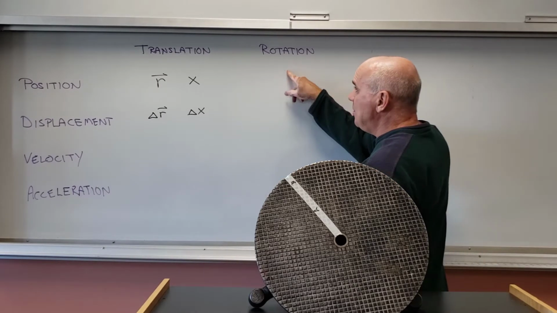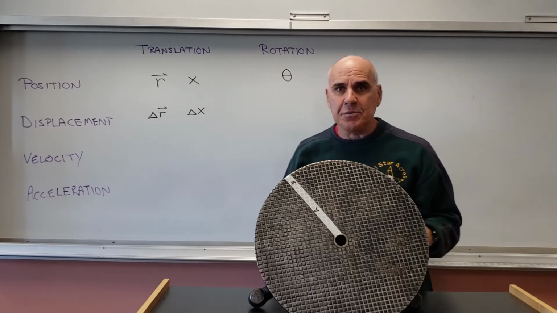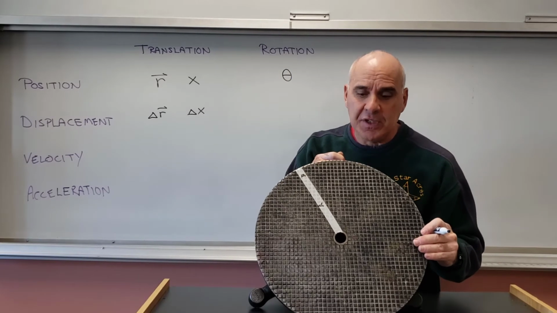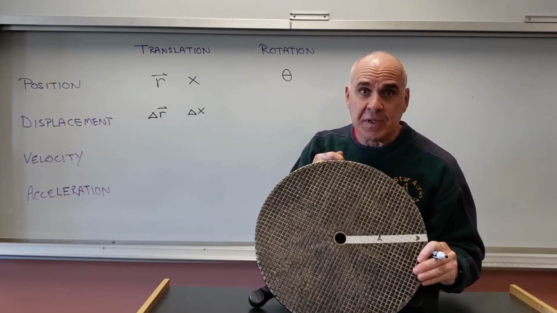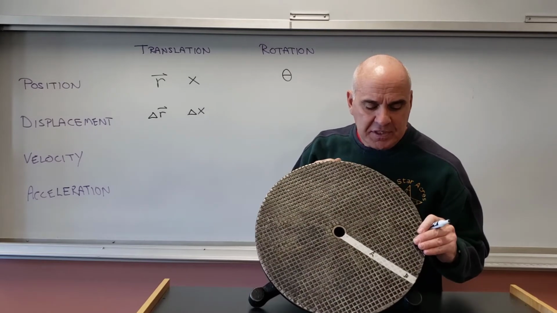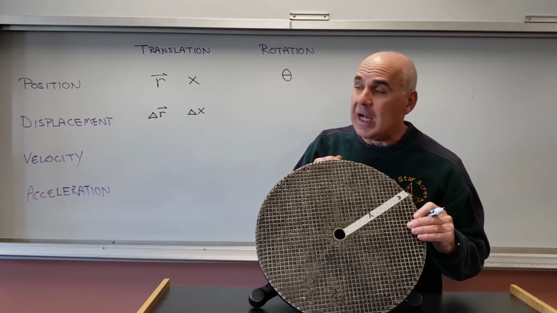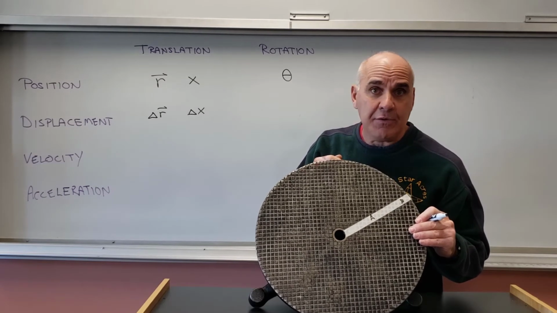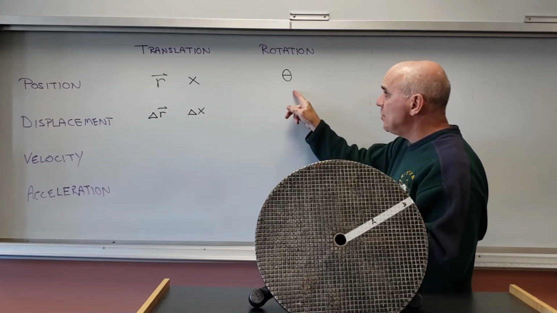We're going to have an angular position, and we're going to use the Greek letter theta for the angular position. That's what we've used for angles for a long time in math and engineering courses. Theta is my angle. So if my 0 point is here, and I pass through 45 degrees, then I have an angular position of 45 degrees or pi over 4 radians.